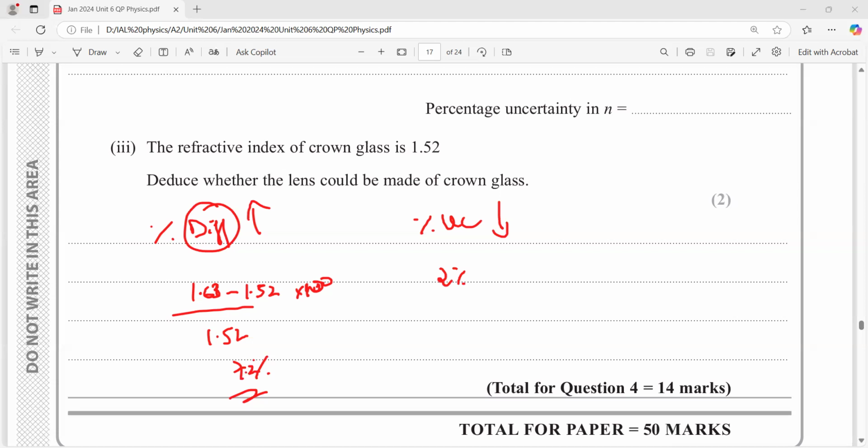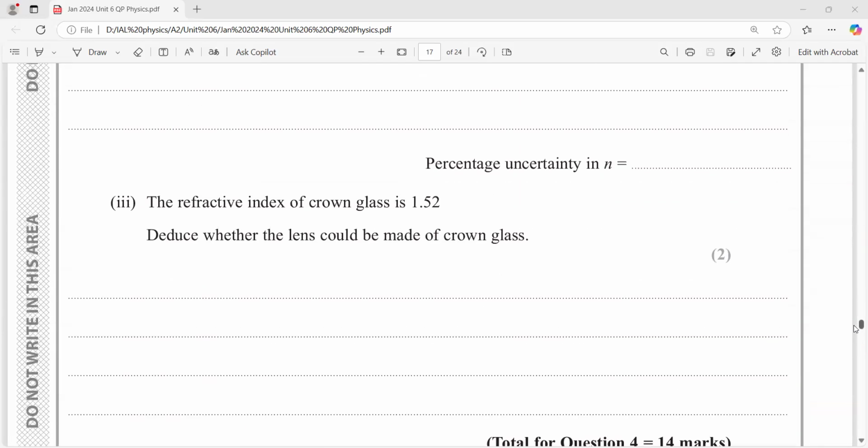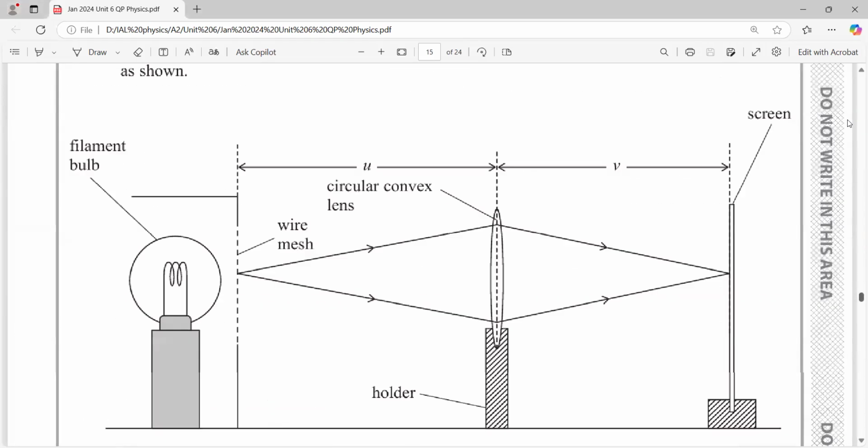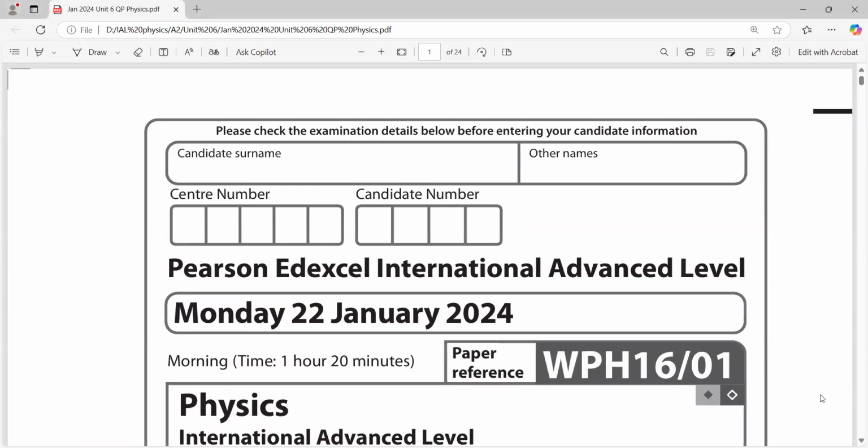So as the percentage difference is greater than the percentage uncertainty, the lens is not made of crown glass. So in the exam, it's always a comparison, always compare, okay? Whenever comparing results, compare the percentage difference and the percentage uncertainty.